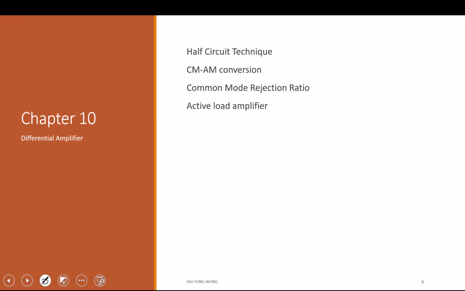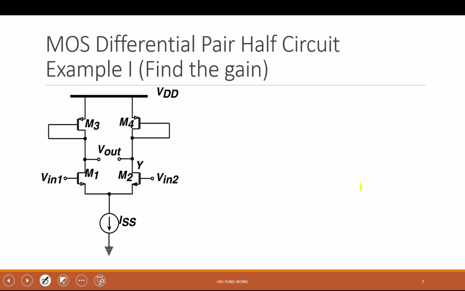After we have learned this, right? So let's do something very difficult. In E122, when you see this, I ask you to find a gain, you will just draw the small signal, and then you spend the whole day to do it. And I'm sure that you cannot do it, I cannot do it either, right? Because 4 transistors are lots of equations. Now, based on what we have learned here, first of all, we are dealing with small signal, so we assume this is linearized.